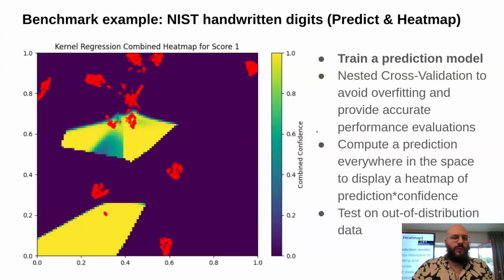And when we're training, we're using nested cross-validation, all the good practices, and we are outputting a heat map. It's the combined confidence here. It's the prediction weighted with the confidence of the model. So that's why here, it's a classification, so it would be 0 or 1, but there is also the confidence of the model that tells us if the model was, well, confident.